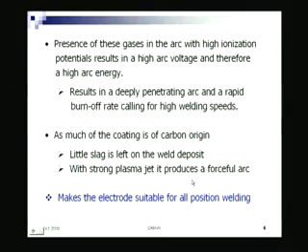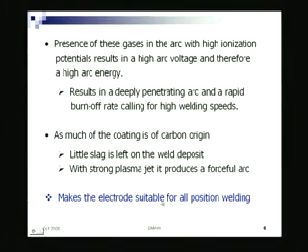Having a strong plasma jet means the throwing of the molten metal also happens with a force. So, it can overcome the gravitational pull and the metal can be deposited even in overhead condition. The molten droplet should be able to travel against the gravitational force. That is happening because of this strong plasma jet. So, that is how it makes it suitable for all position welding.